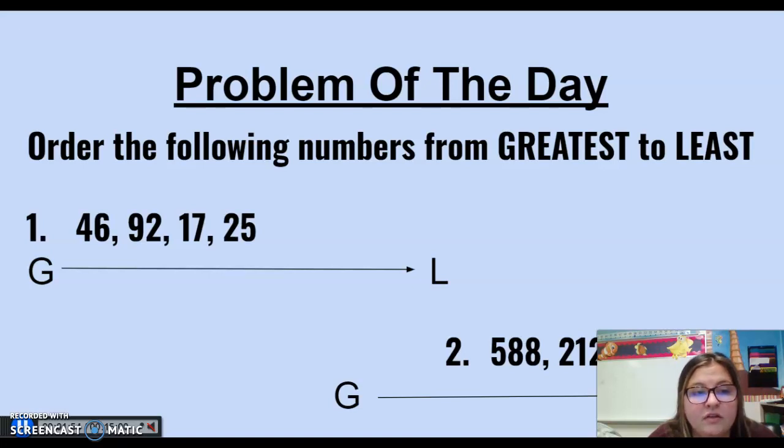Then 46 will go second, because 40 has the second greatest value. Then will be 25 and then 17. 2 is bigger than 1, so 25 goes next and then 17. So if yours looks like this, you got it correct.